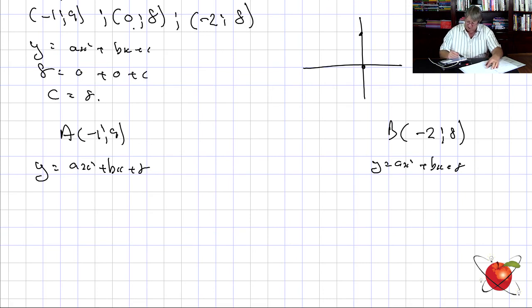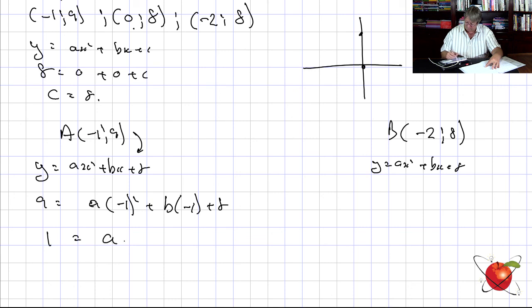Over here we substitute in that one and we get 9 is equal to a times -1 squared plus b times -1 plus 8. And we end up with 1 is equal to a minus b, if you multiply all that lot out.